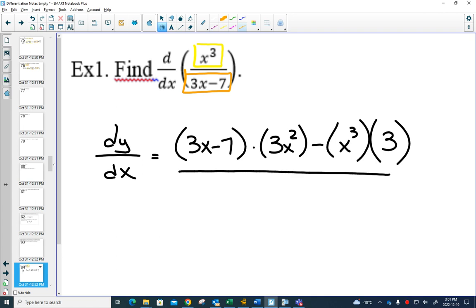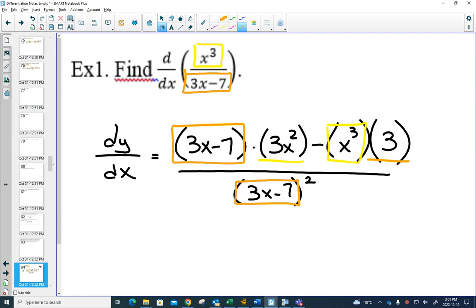All over the bottom squared. So here we've kept the bottom the same. Here we have the derivative of the top. Then we keep the top the same. And here we have the derivative of the bottom. And on the bottom, it gets squared.